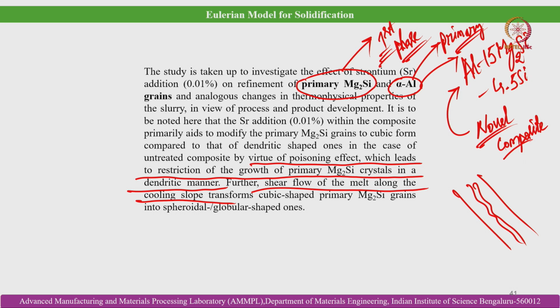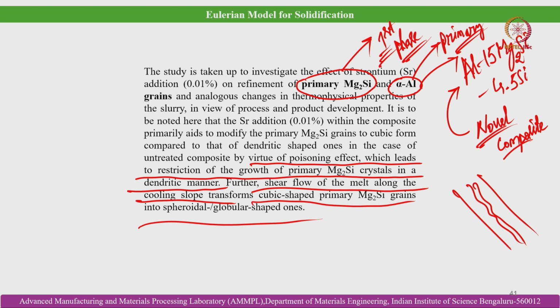This is the solidification transport phenomena problem that we have solved using the Eulerian multiphase flow model. The shear flow of the melt along the cooling slope transforms the cubic-shaped primary Mg2Si grains, which originate due to the strontium addition, into near-spherical grains.